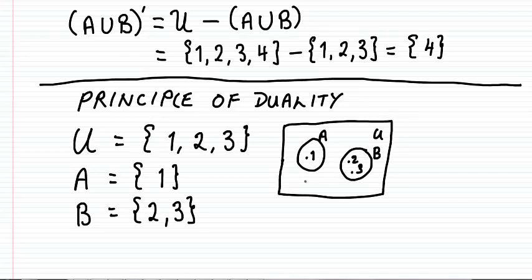There's no overlap between them. They don't share any common elements. So we can see from the diagram that if we take the union of A and B, it will represent the universal set. So that will result in the set theory equation: the universal set equals A union B.